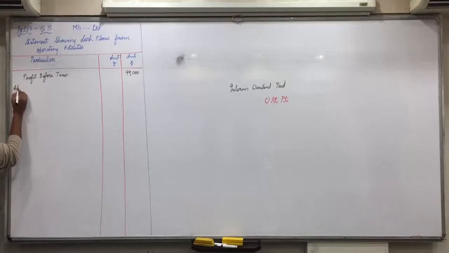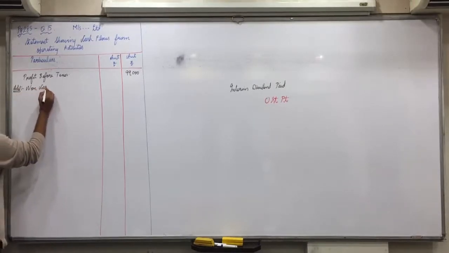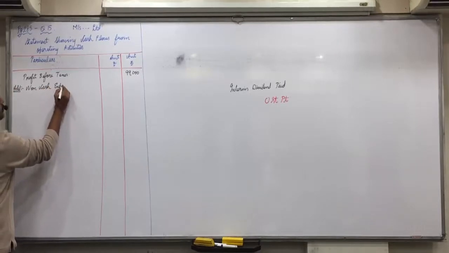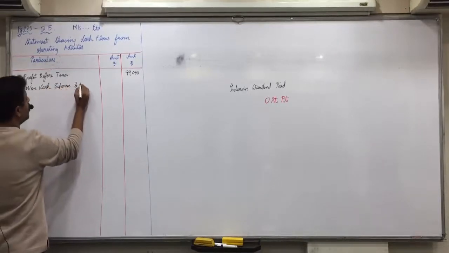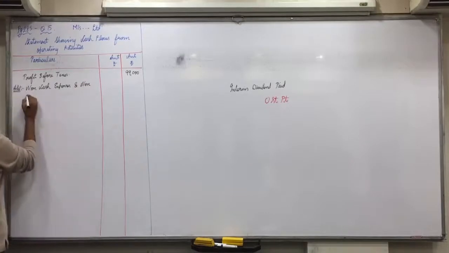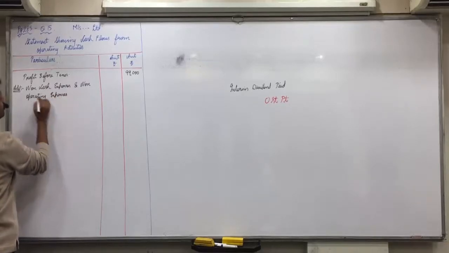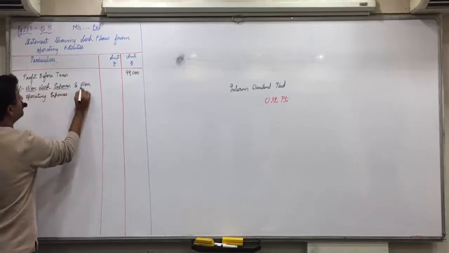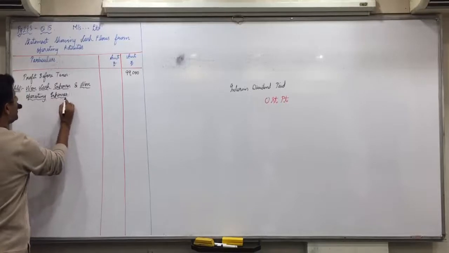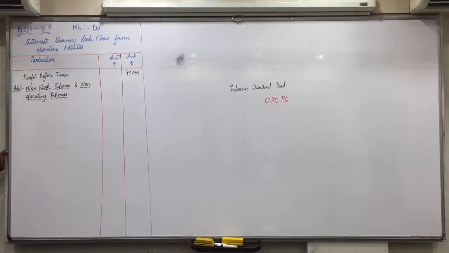In that we have to add non-cash expenses and non-operating expenses, means all the items marked as O plus. Okay, we will add all the items which we have marked as O plus.